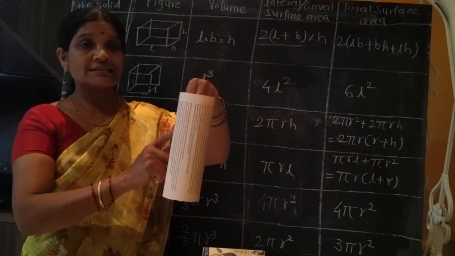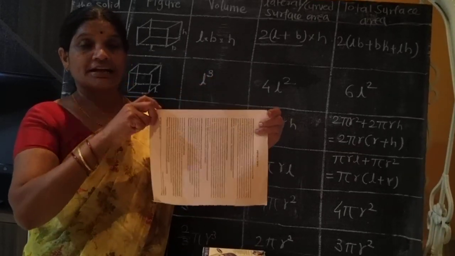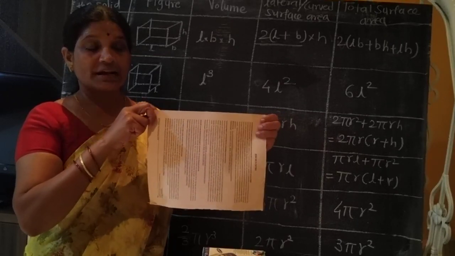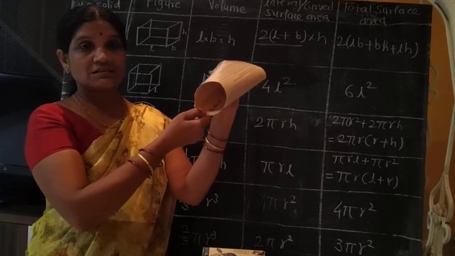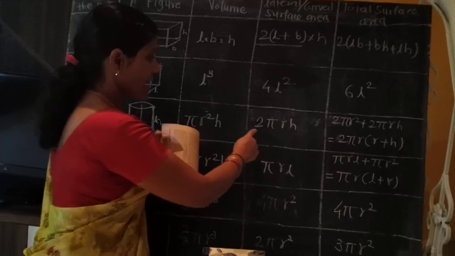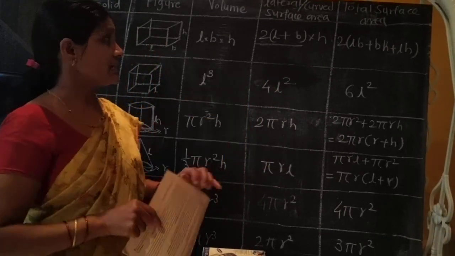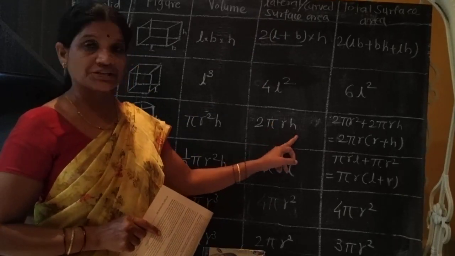If we cut that cylinder, we will obtain a rectangle. And we already know the length of the rectangle, that forms the circumference of the circle, means 2 pi r, and the breadth means height, and that's why its curved surface area is 2 pi r h.